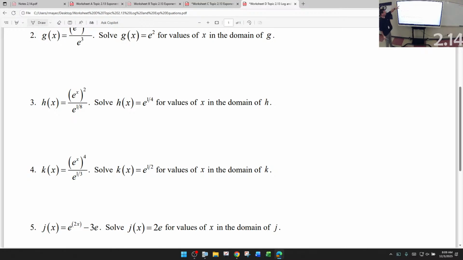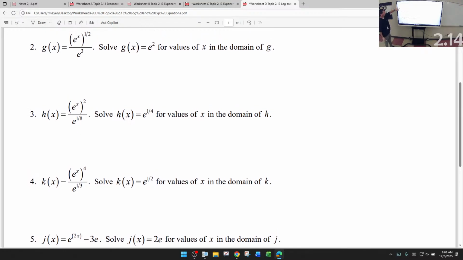Uh-oh, I didn't quite bring it down long enough. All right. e to the 2 is equal to e to the x to the 1/2 over e to the 3.